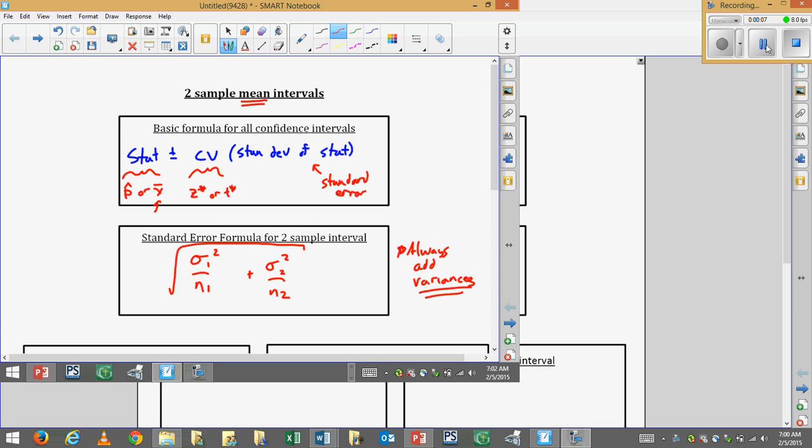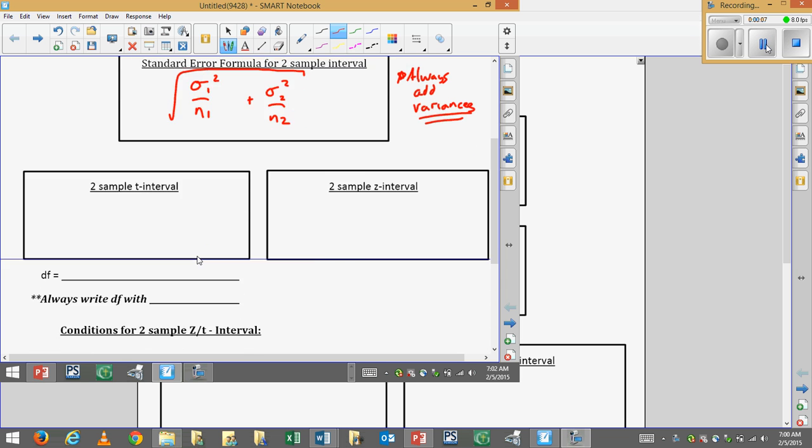So there's two different types of intervals. You got your t interval and your z interval. Remember, t interval, sigma is unknown, which means what we do know is s, the sample standard deviation. This is the more likely scenario.